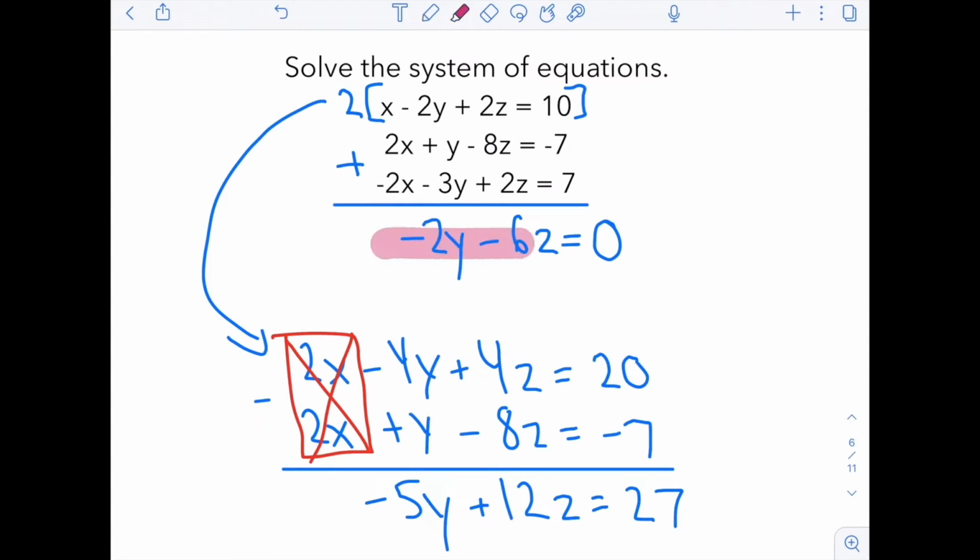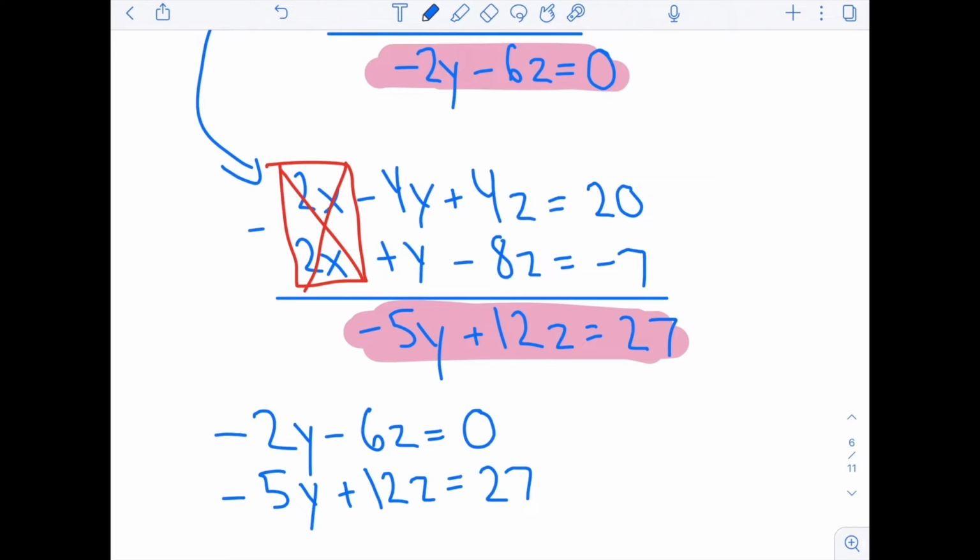So great, now we have two equations right here with the variables y and z. So now we can solve this using Algebra 1. Here are our two new equations with just y and z. So now let's cancel one more variable so we can just solve for the last variable. So let's see what we can cancel.